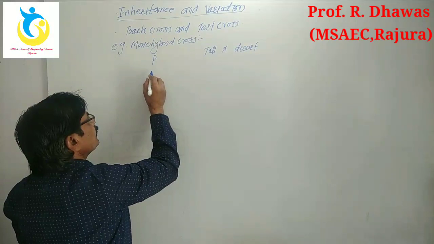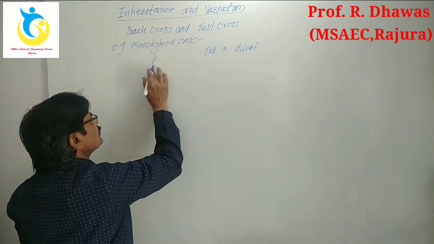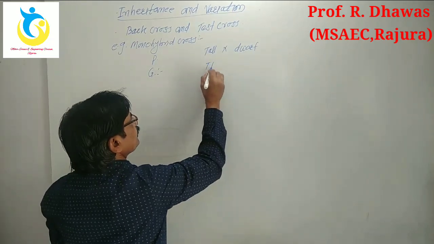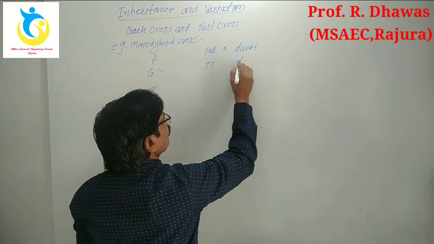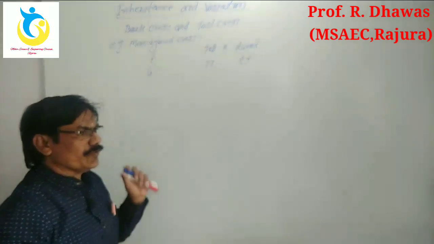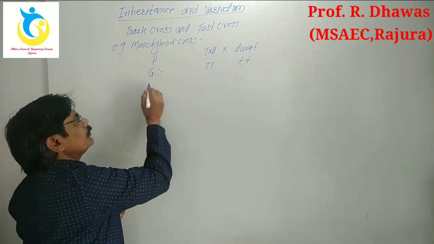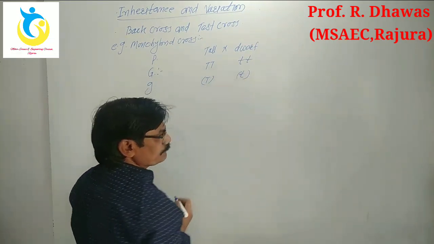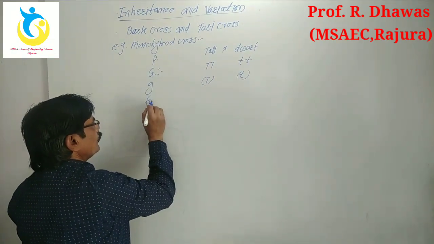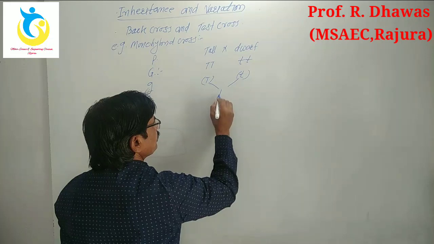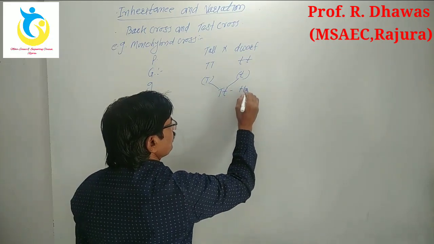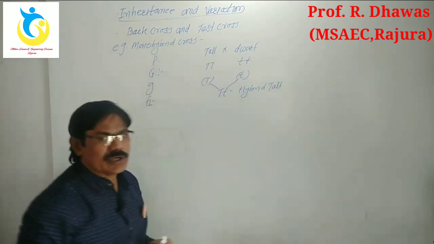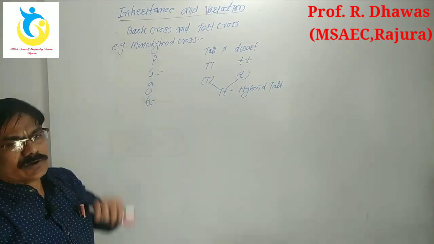The genotypes of these are capital T and small t, same as in a monohybrid cross. The gametes produced are capital T type and small t type. And the F1 is of what? Capital T and small t, that is the hybrid tall. This is the same as a monohybrid cross.